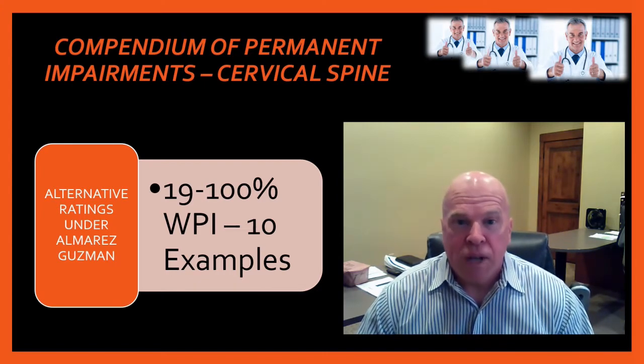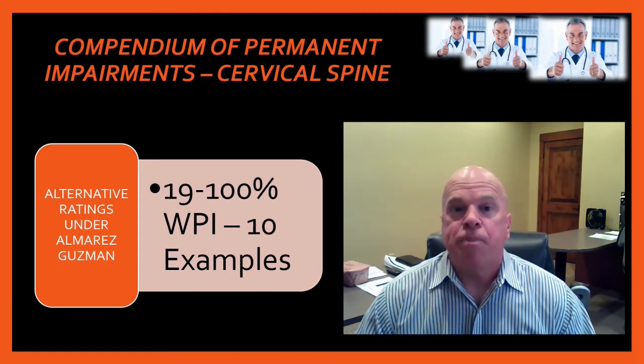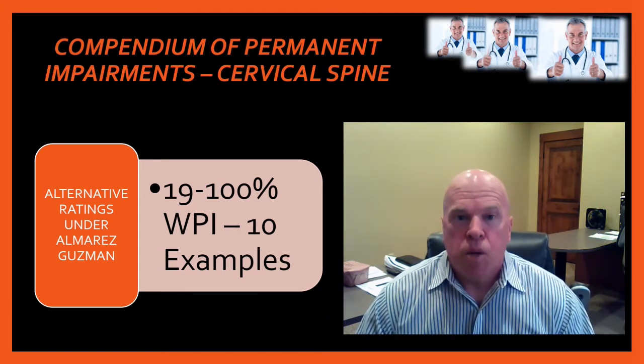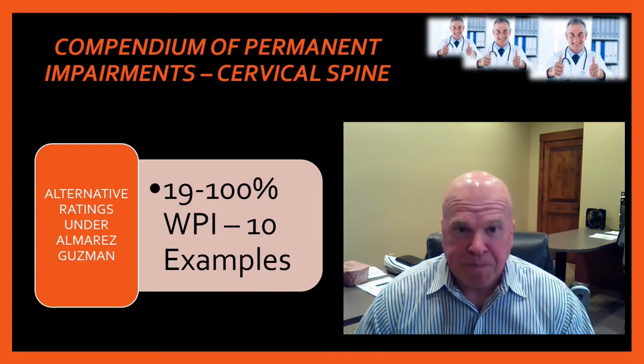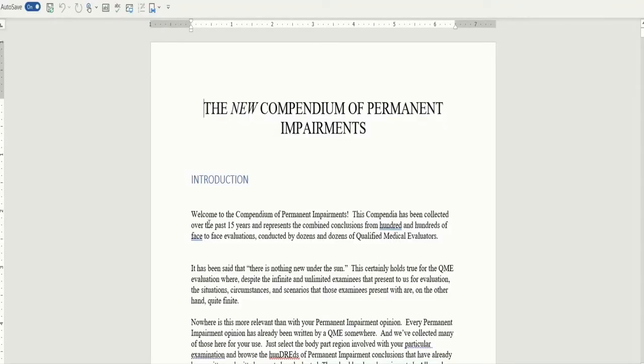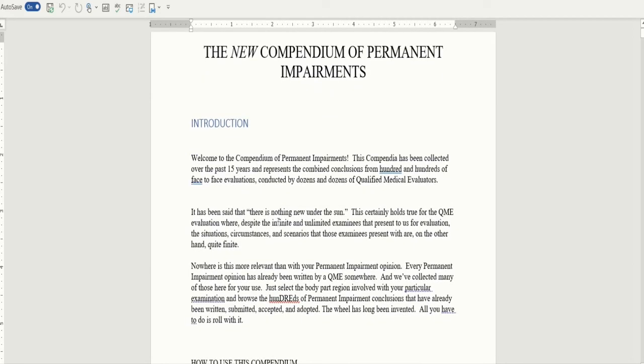So let me show you now what this product looks like and how you would use it in preparing your permanent impairment arguments. Okay, so here we have up on our computer screen the new Compendium of Permanent Impairments, and this is the portion of the compendium that relates to the cervical spine.